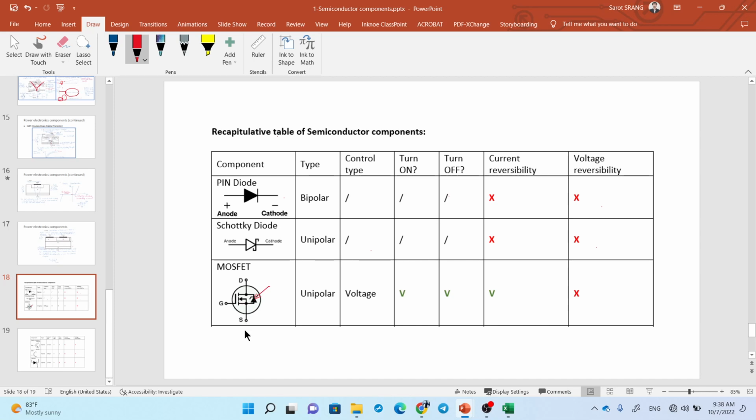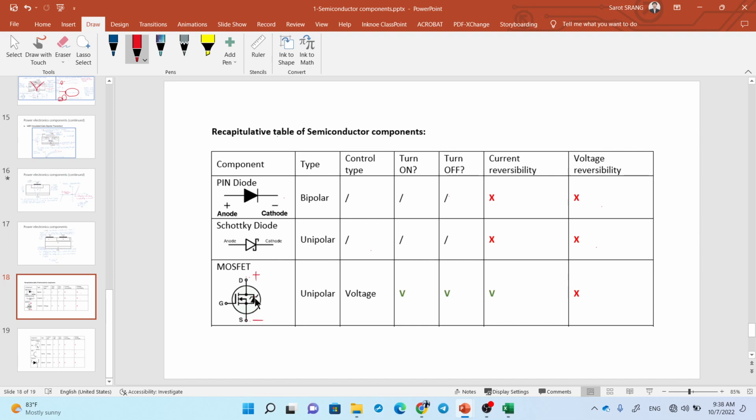It means if the potential at the source is higher than that of the drain, then the current can flow this way freely, something like this, right? And if the potential at the drain is higher than the source, then this one blocks the current, and the current will be controlled by G. Okay, we control through the gate G to allow the current to flow or not.